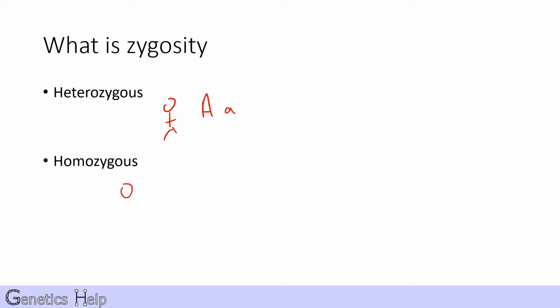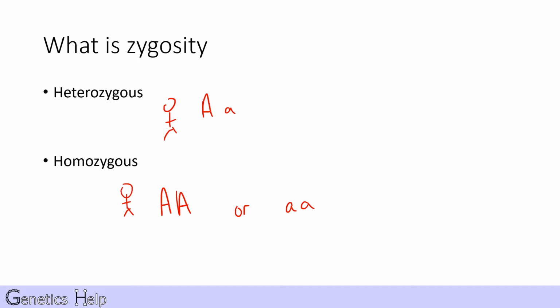Whereas a homozygous individual has two copies of the same allele. So we could write big A, big A, or little a, little a, and any symbols that we decide for the specific gene or disorder that we're talking about. So that's the topic of zygosity.